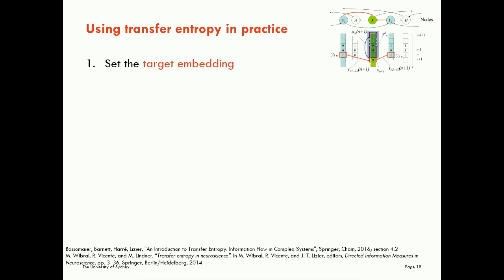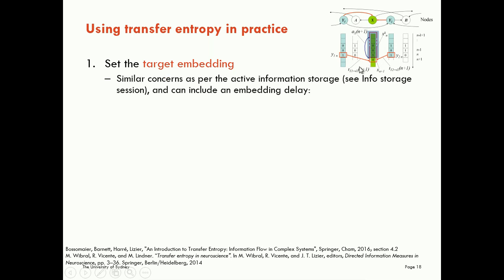Our first consideration here is how to set the target embedding. That is, how to set the parameters to examine the context of the past of the target. We have similar concerns in doing so as we did for the active information storage in our previous session. And indeed, we can include an embedding delay here, which I didn't show you on the previous formulas that we looked at.